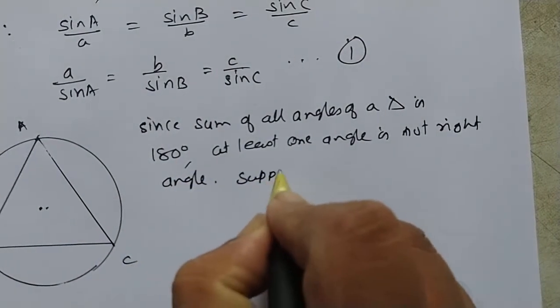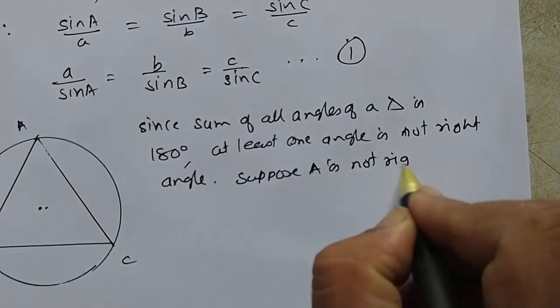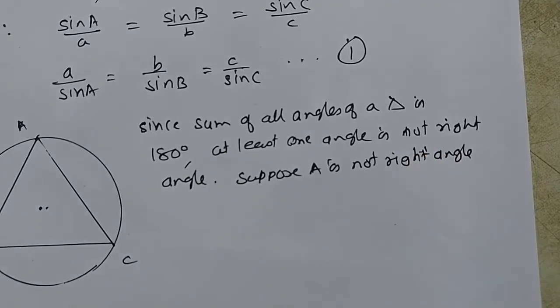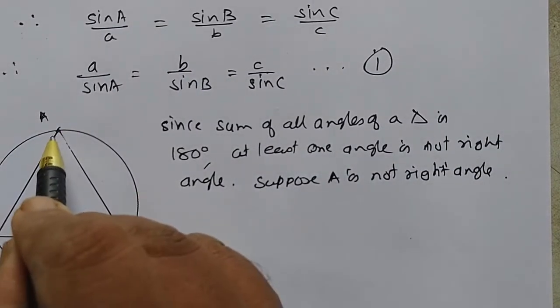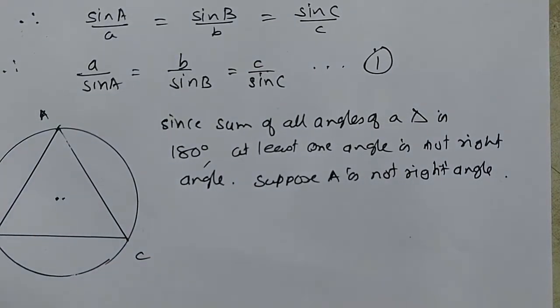Suppose A is not a right angle. So we consider A as an acute angle or not a right angle.